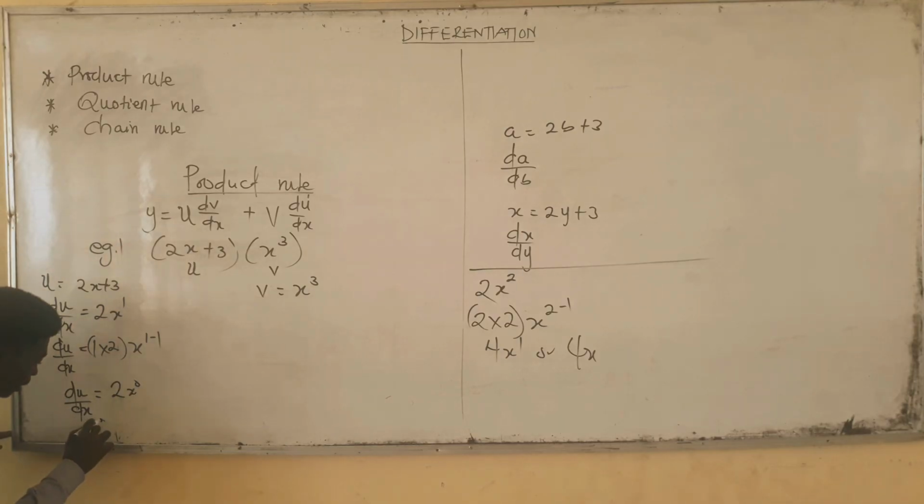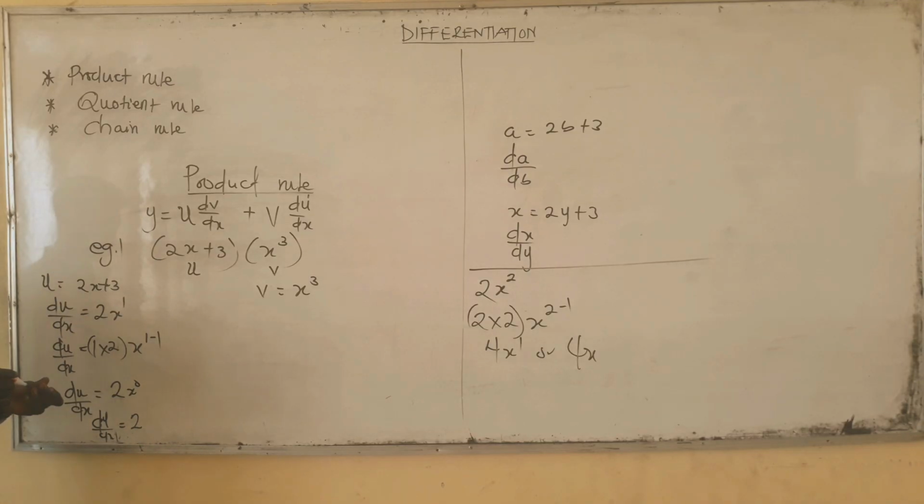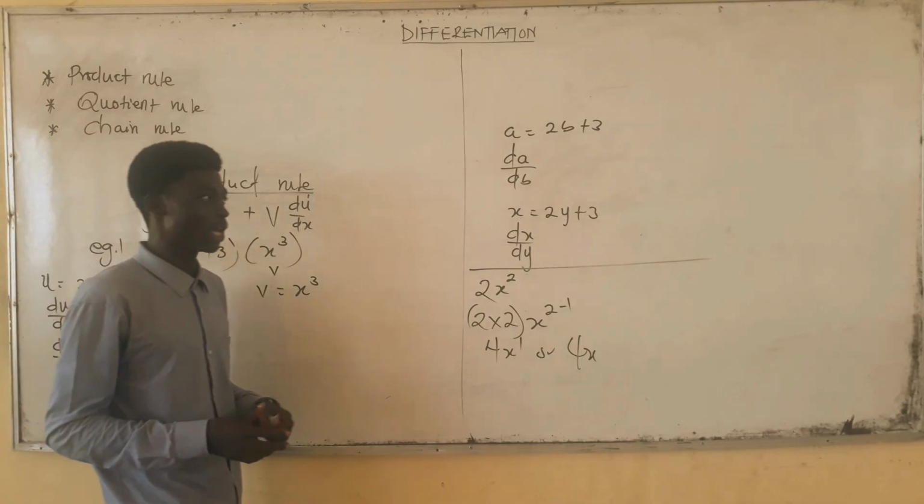So at the end, du dx is 2. Now, I know someone will ask why I don't bring the constant 3. Normally, when you are differentiating a constant, so this is a constant, anytime you are differentiating a constant, the result will give you 0. And this is why the result gives us 0.